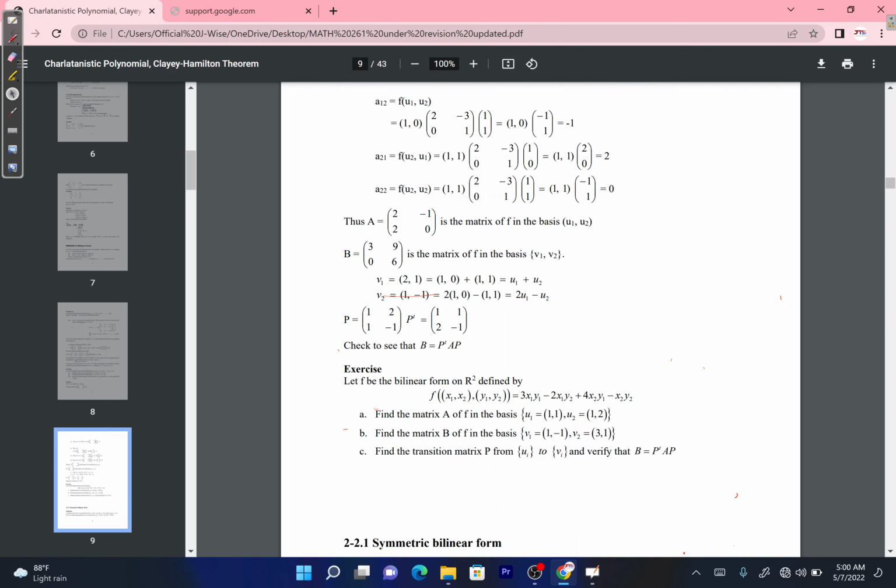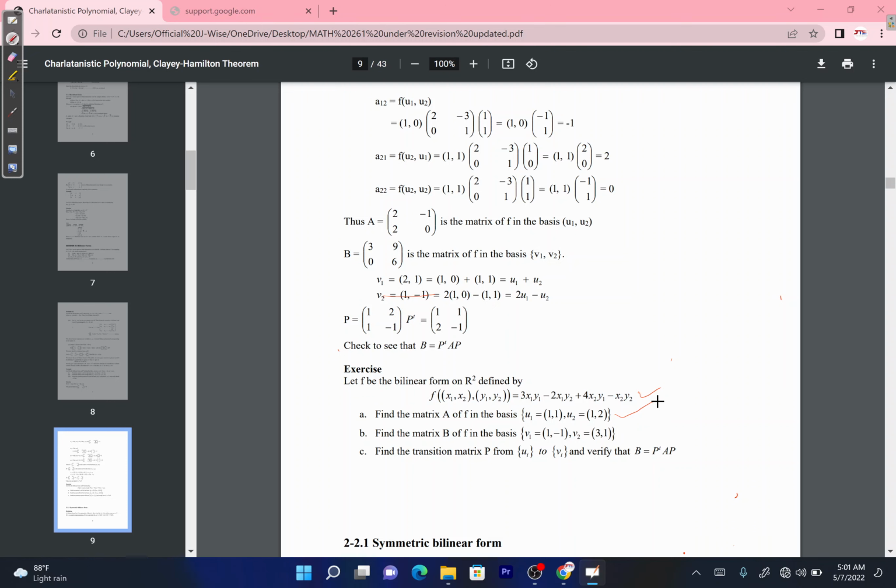We have our bilinear form given by 3x1y1 minus 2x1y2 plus 4x2y1 minus x2y2. That's our bilinear form. First of all, you have to find matrix A in the basis u1 and u2.